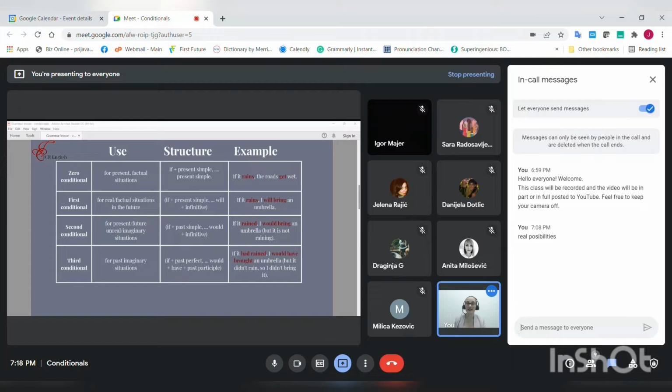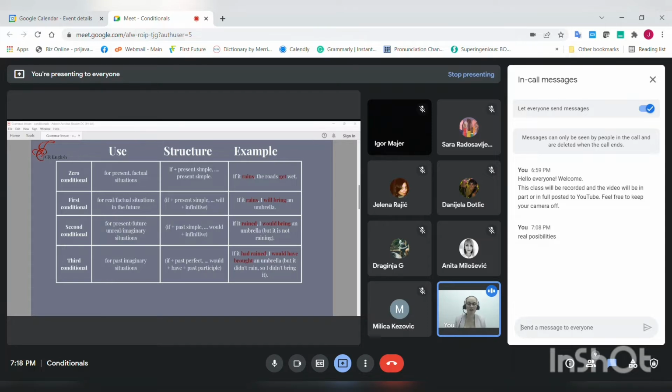Okay, level up. Third conditional. Now I will explain this and then we can spend our time practicing. We use the third conditional when we talk about past imaginary situations. This means that something didn't happen, but we are thinking, what would have happened if something else had happened? Now this is a little bit more complex.